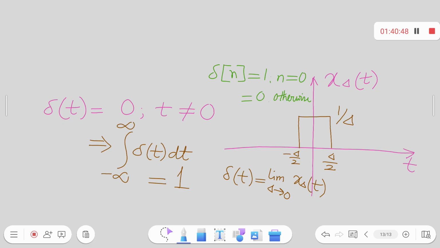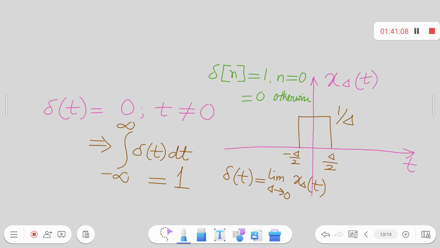But in the continuous time domain, this is not the case. The signal is defined from minus to plus infinity. If the time is not equal to 0, the signal will be equal to 0, but I cannot define properly what is the value at t is equal to 0.